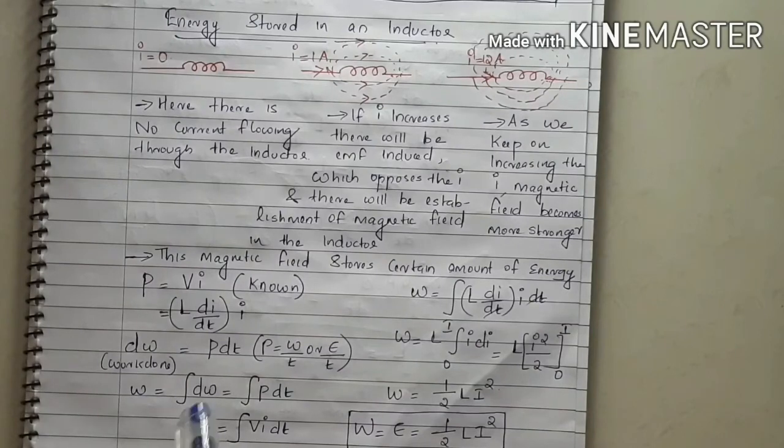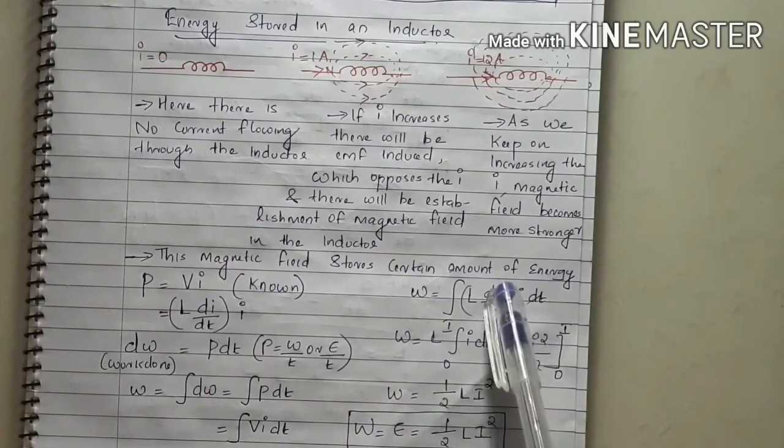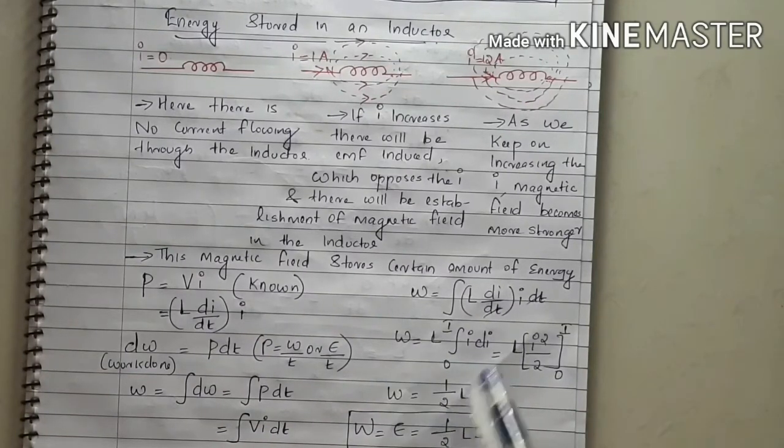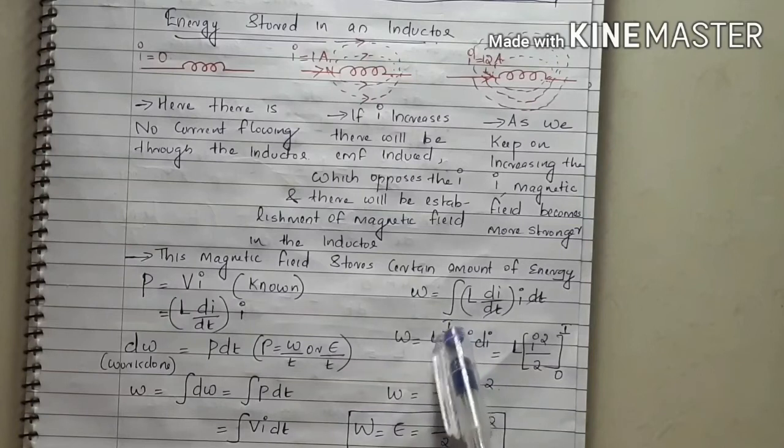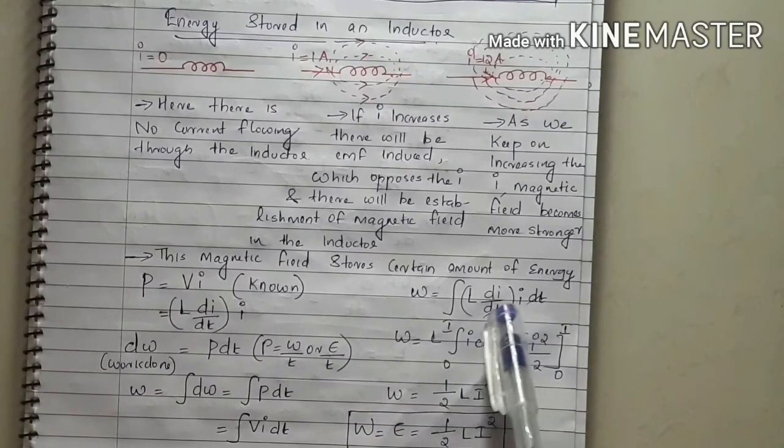In order to find out w, let's find the integral. Integral dw equal to integral p dt, which can be written, with p as vi, as integral vi dt. So w equals the integral of L di by dt into I dt. Taking L outside, since it is a constant, w equal to L integral, where initial current is 0 and final current is I, from 0 to I. dt got cancelled, so I di, which can be written as integral of I is I square by 2.